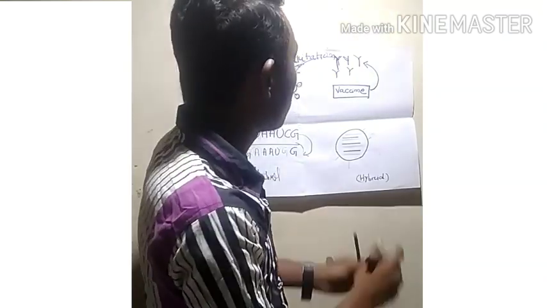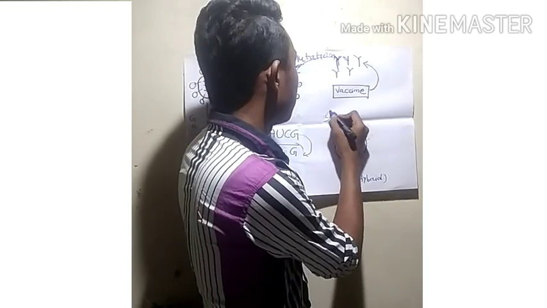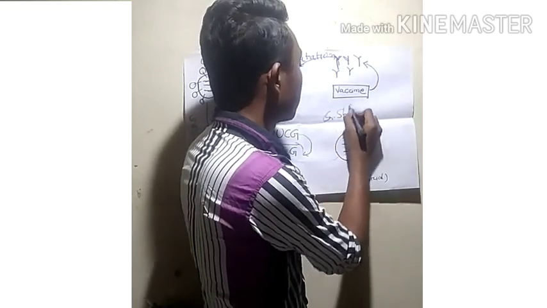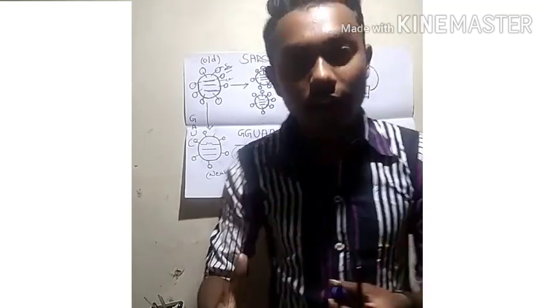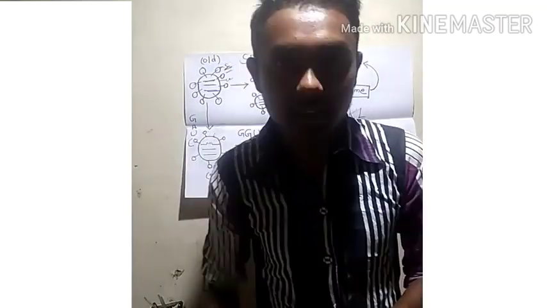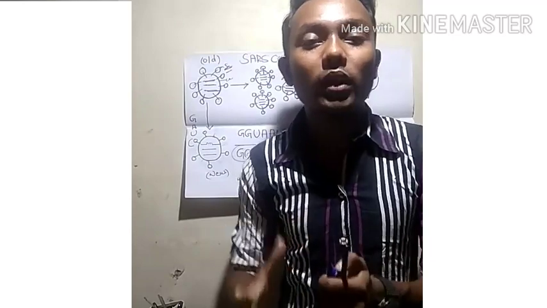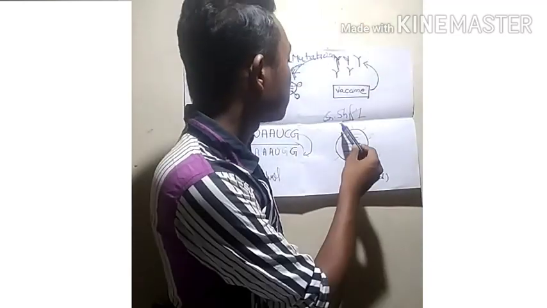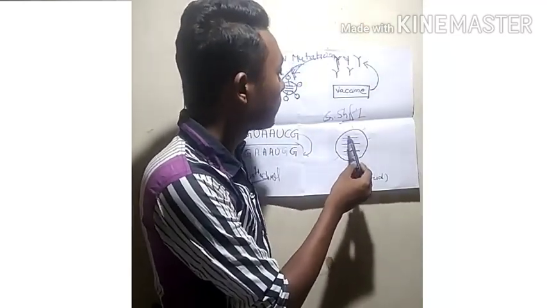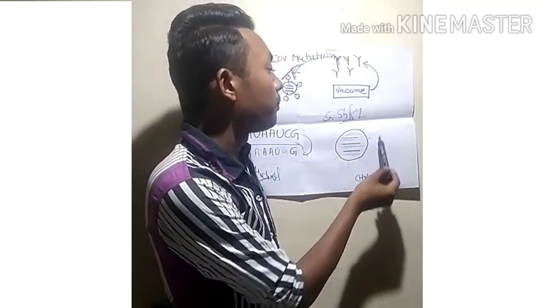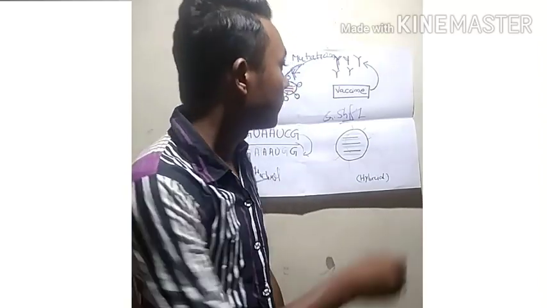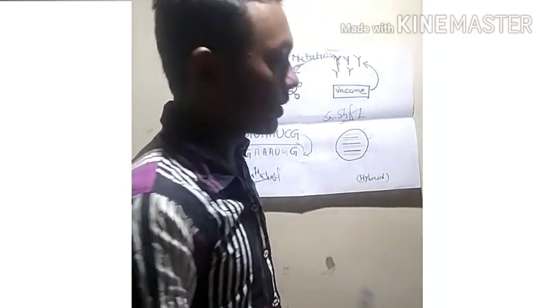Now we are going to talk about genetic shift, right? So what is genetic shift? Genetic shift means the virus modifies itself totally, right? Totally means what? The virus changes its total nucleotide sequence as well as the protein sequence. This is known as genetic shift, right?